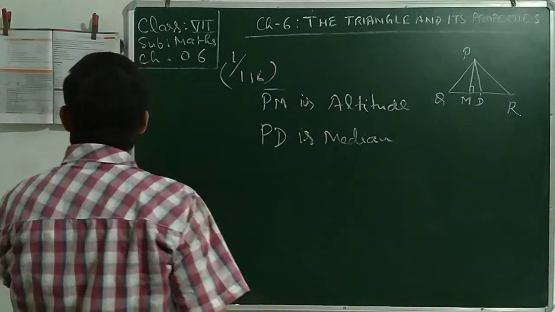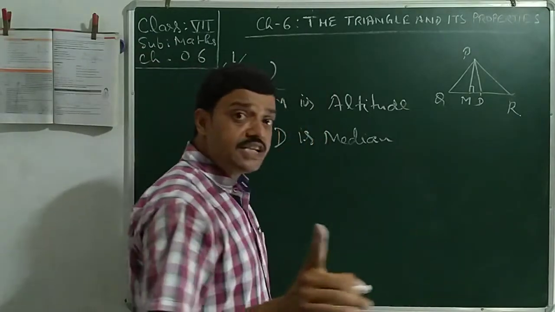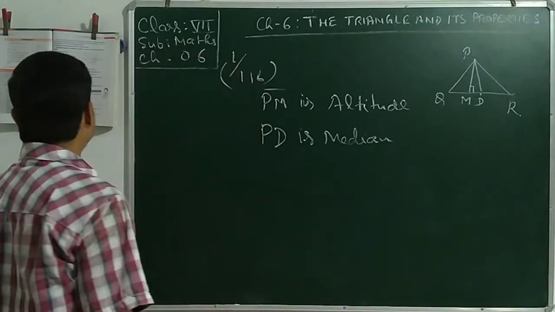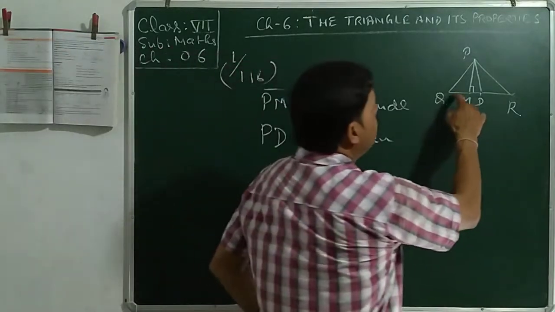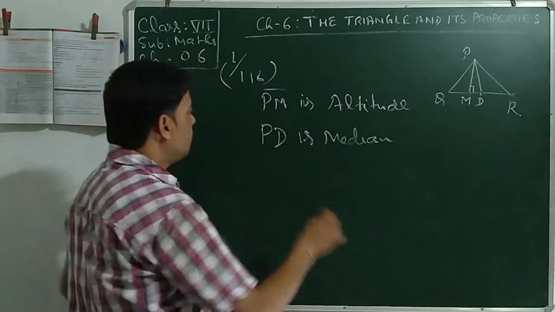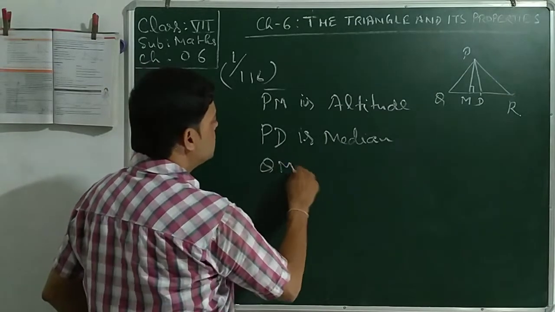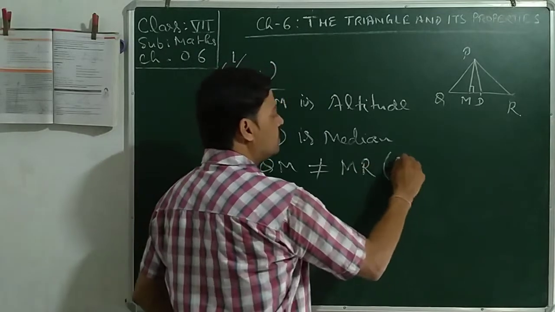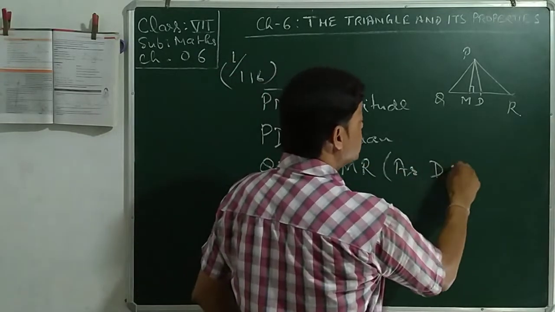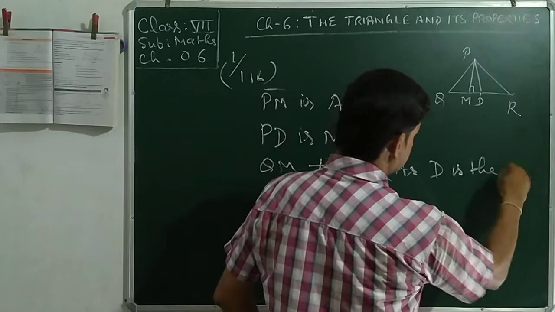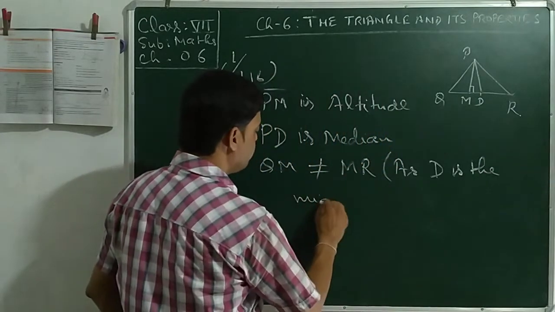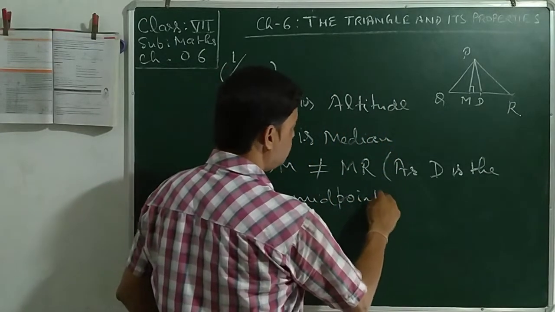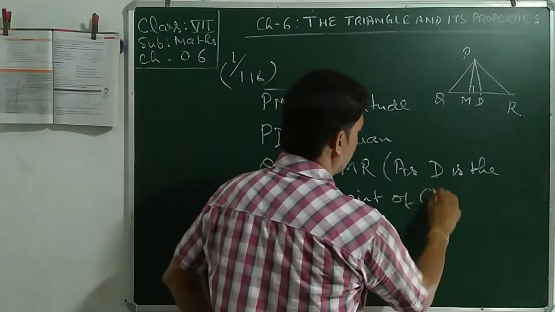Now, the third part is: QM equal to MR? No, QM is not equal to MR, as D is the midpoint of QR.